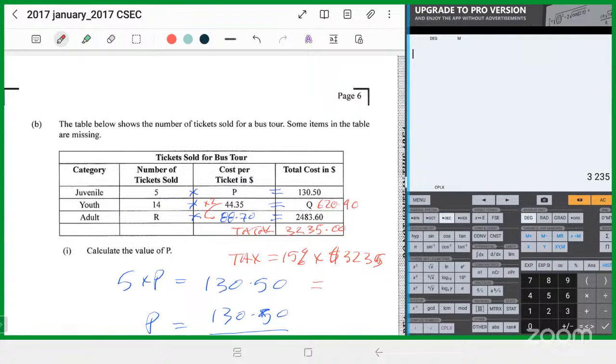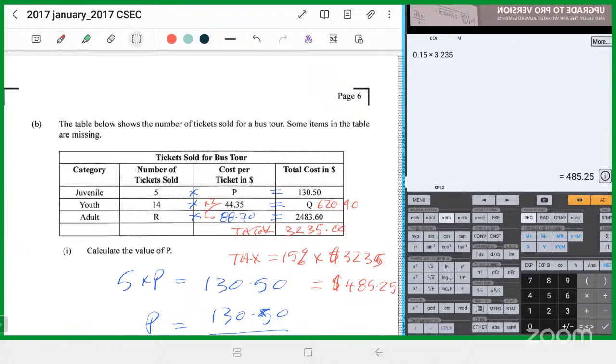So it's 15% or 0.15 times 3235. The tax is 485.25. So this is the calculation we need on the next page.